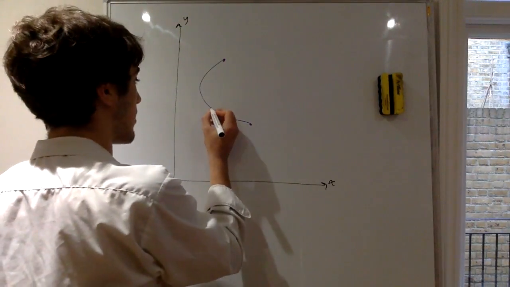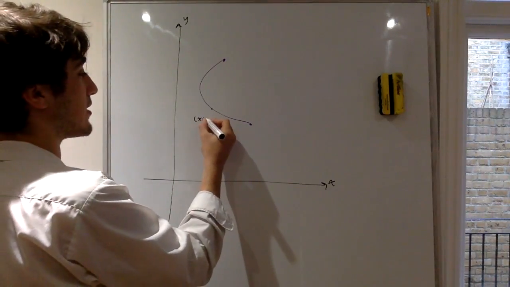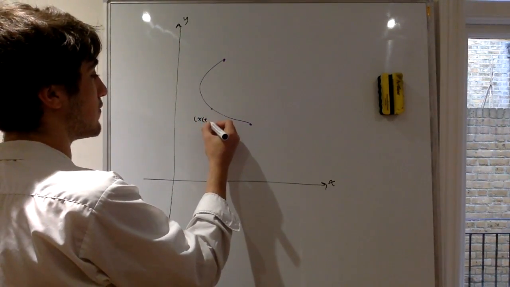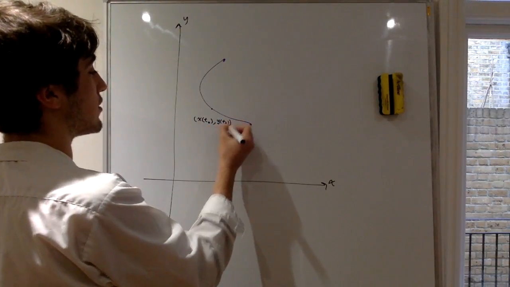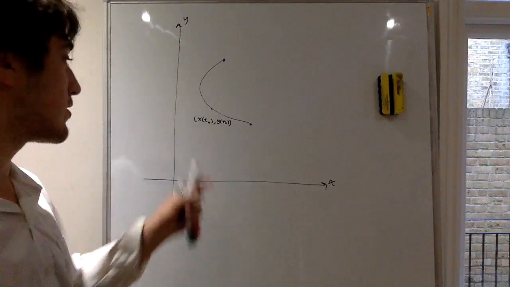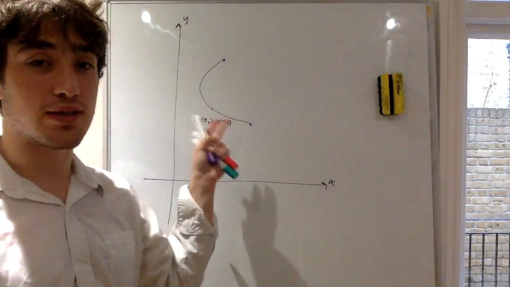But if I pick an arbitrary point here, that x is going to be a function of t naught, and then the y is going to be a function of t as well. And I've just put t naught to say that it's a particular point that we're choosing.